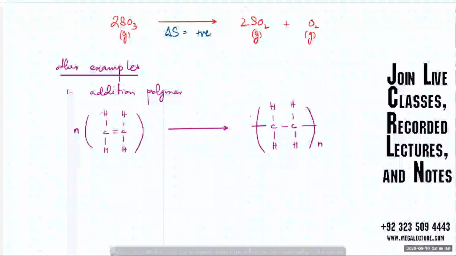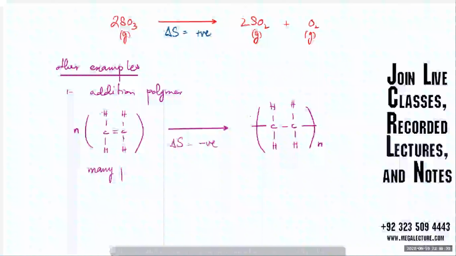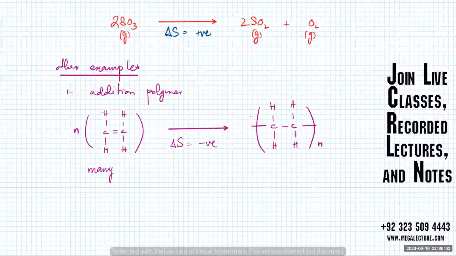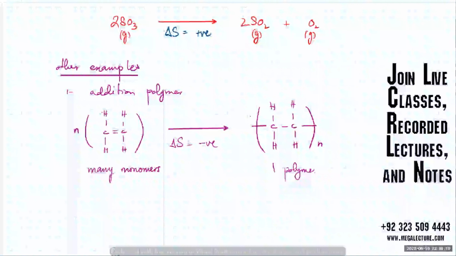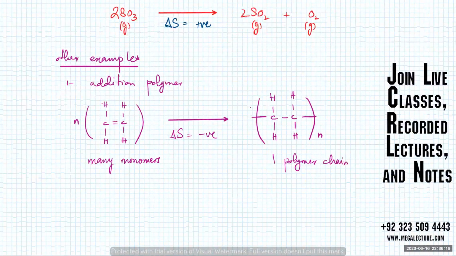Okay, so it's going to be negative because the number of particles is decreasing. So you have many monomers and you've got one polymer chain out of them. So things are becoming more ordered in this case.